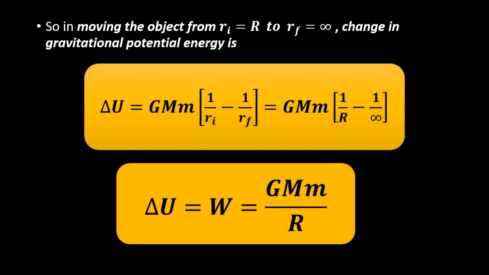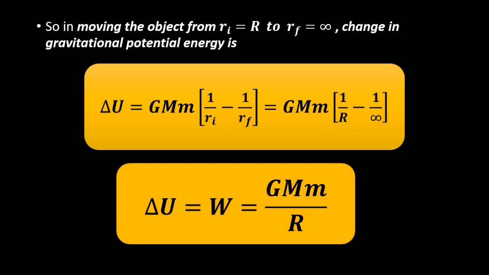Ri is simply the initial point, that is x is equal to capital R, Rf is the final point, which is x is equal to infinity. So in that way also we'll get the same result, G capital M small m by capital R. Universal gravitational constant, mass of the earth, mass of the rocket and the satellite combined, and radius of the earth.